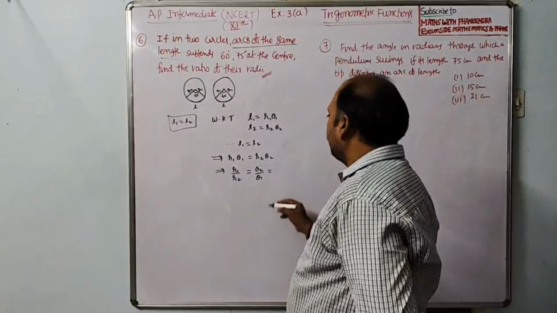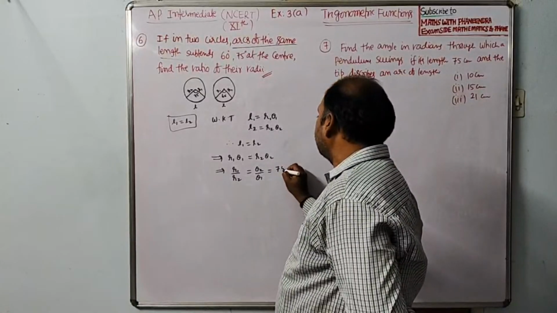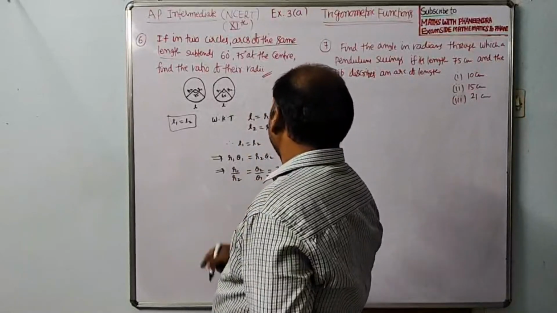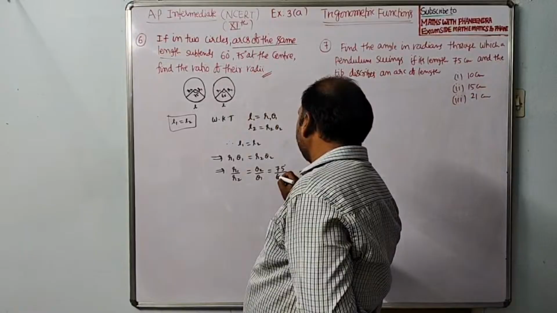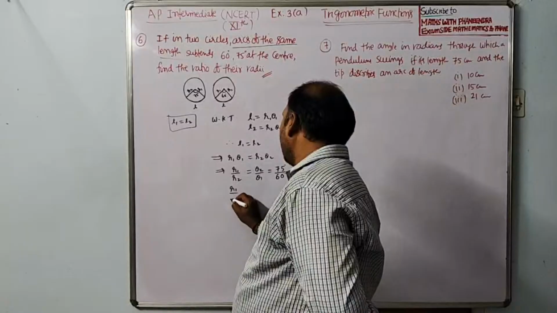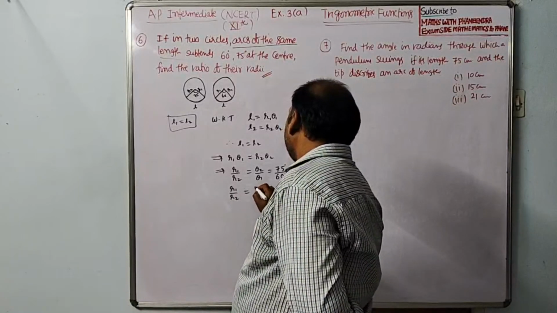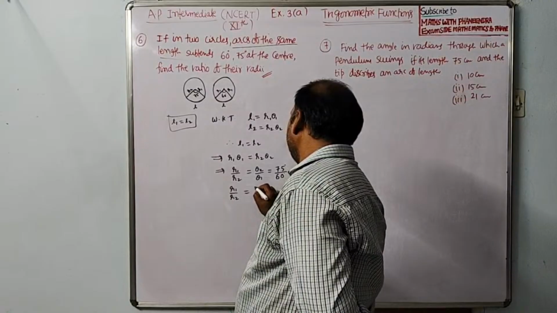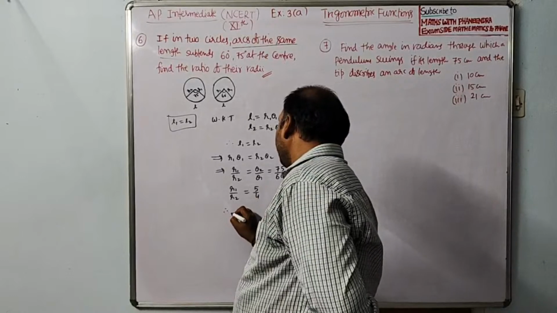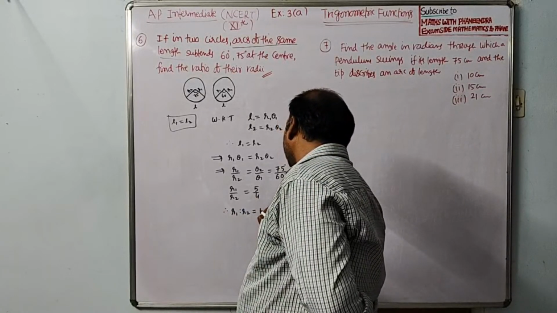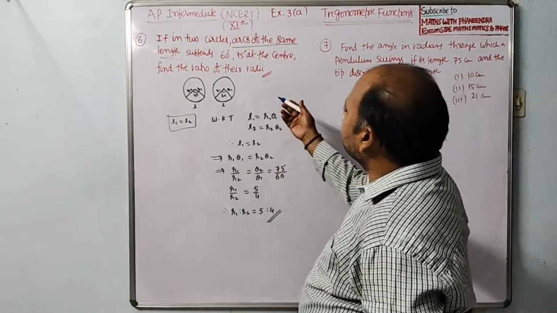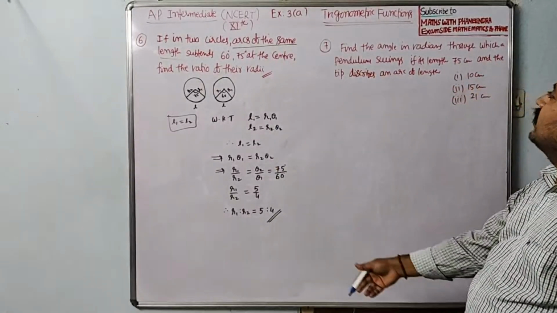So theta 2 is 75 degrees, theta 1 is 60. So R1 by R2 equal to 5 table, 15 5s, 15 4s. Therefore, R1 is to R2 is equal to 5 is to 4 ratio. That's all. If any units, we can write it.